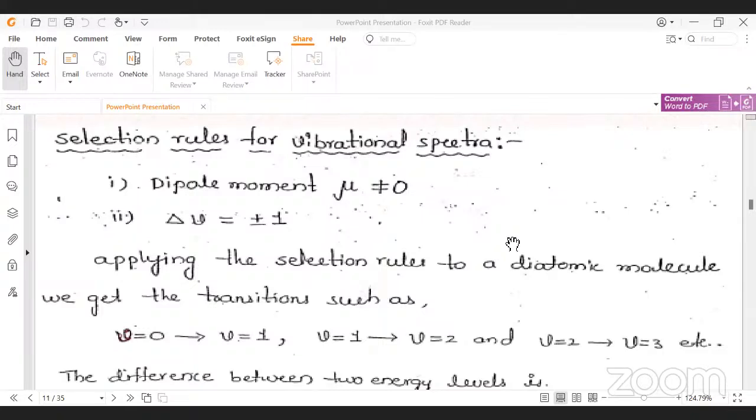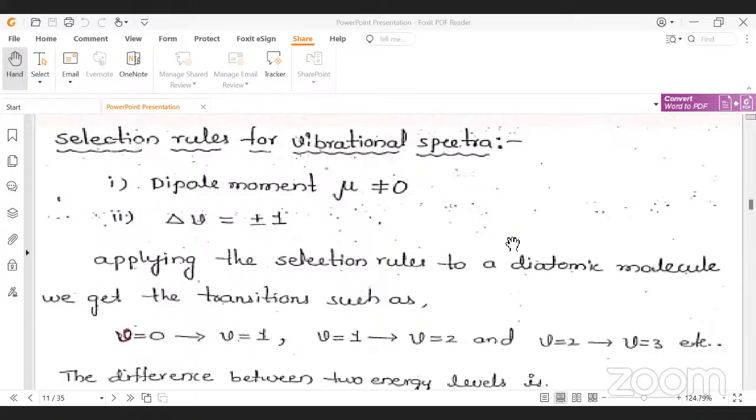For example, CO2, O double bond C double bond O, does not have a dipole moment. It means CO2 is inactive for FTIR spectroscopy. The molecule should have a dipole moment or an induced dipole moment.